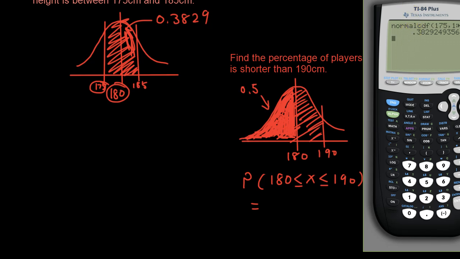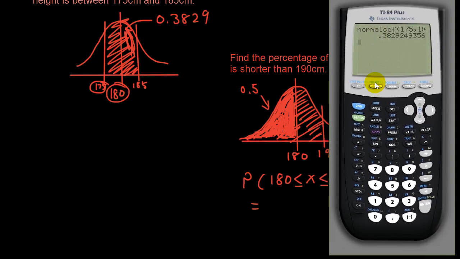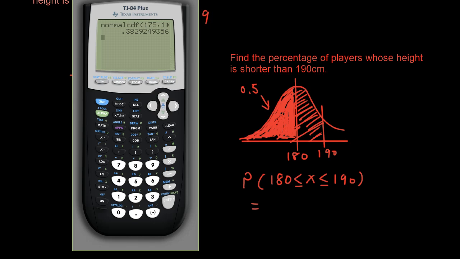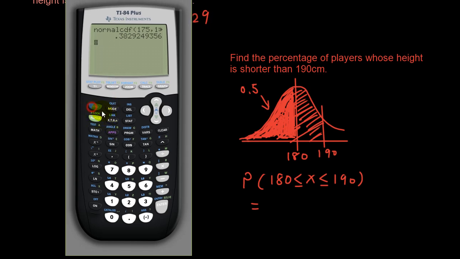So let's put in normal CDF. Let's put it over here so you can see it. Second VARS, normal CDF, and then put in 180 to 190, and it says the probability is 0.3413, and so on. So we simply add that.